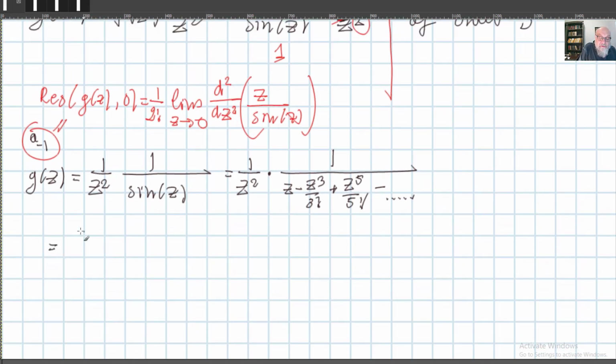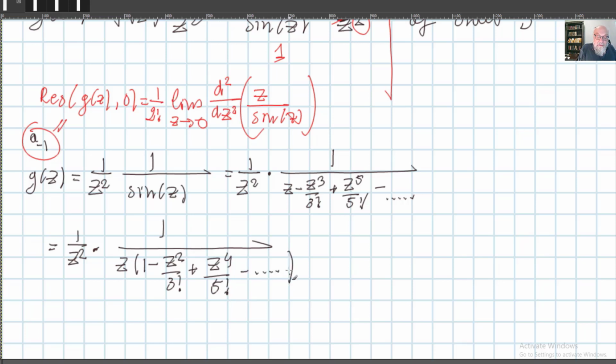And then I do this simplification. First of all, I pull out the z. So I get 1 divided by z, times 1 minus z squared over 3 factorial plus z to the fourth over 5 factorial, minus and so on. And this shows me, yes, indeed, this is a pole of order 3.